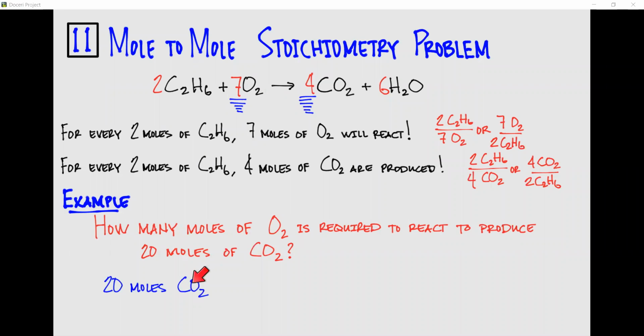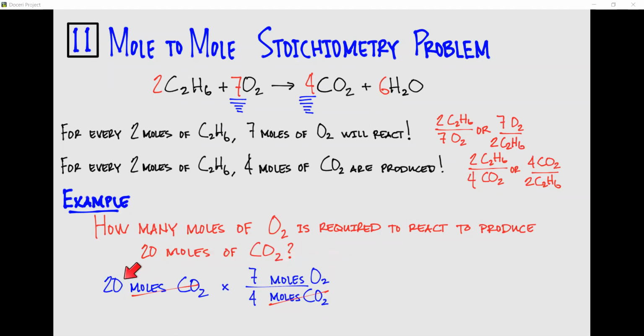So here's 20 moles of carbon dioxide. And what you can do is multiply it by its mole ratio, and the mole ratio is 7 to 4. So you want moles of carbon dioxide at the bottom and the moles of oxygen, which is what we want, up top. Okay, so the moles of carbon dioxide here will cancel. And what's left is what we want, the number of moles of oxygen gas.